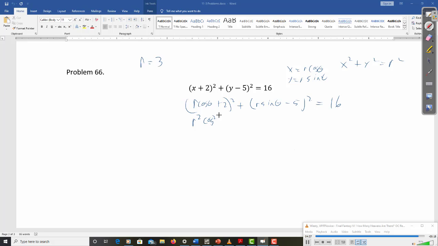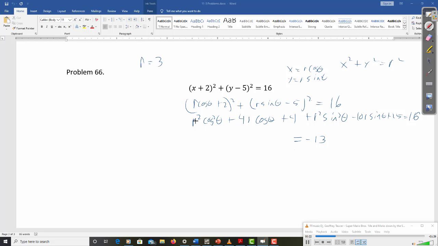R squared cosine squared theta plus 4r cosine theta plus 4 plus r squared sine squared theta minus 10r sine theta plus 25 equals 16. So, 4 plus 25 and then subtracted from 16: 29 minus 16 is 13. So that'll be negative 13 on the right.